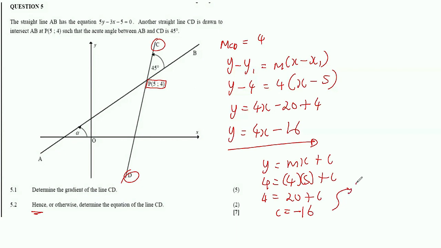And then you just write your formula as y = 4x - 16. So it's just a matter of preference and which one you understand better. But either way, that's how you were supposed to find your equation. So that's how you were supposed to tackle this question, all for a total of just 7 marks. The only question that was a bit tricky is 5.1, but once you understand the drill, then that's how it goes, right?